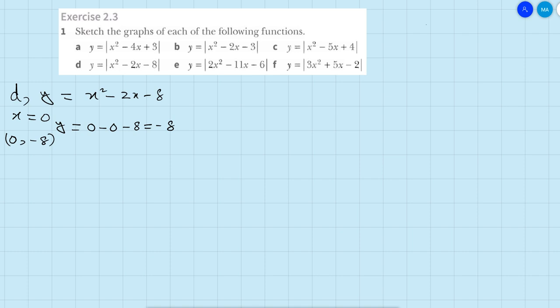Now we have to put y as 0. So 0 equals x square minus 2x minus 8. Apply the middle term break method. 8 ones are 8 and 4 twos are 8, 4 minus 2 is 2.